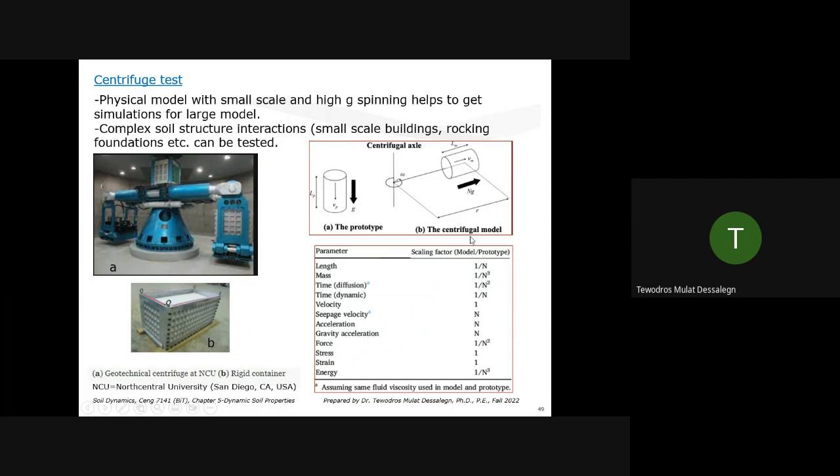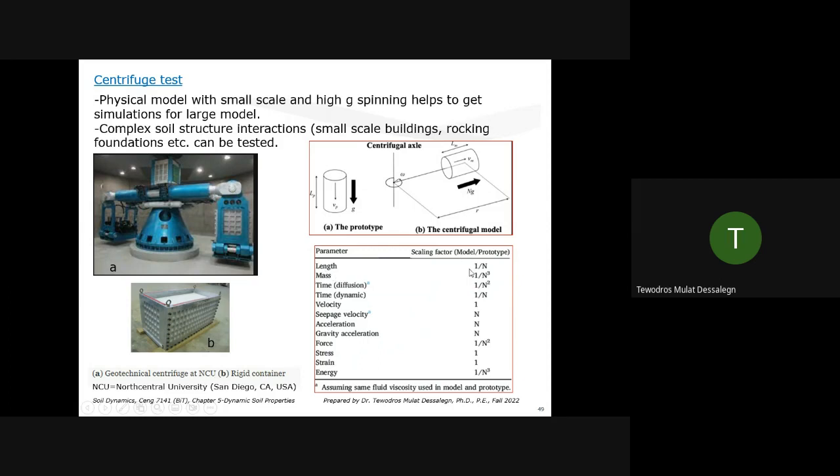So if you apply high G, we can simulate a small scale centrifuge model to represent a large prototype. This may be a dam model. Let's say you have a dam model within this box, but it's 1 meter by 1 meter in size in the centrifuge test. Depending on how much you spin it, let's say you spin it 20 times G. So this is a conversion factor for length.